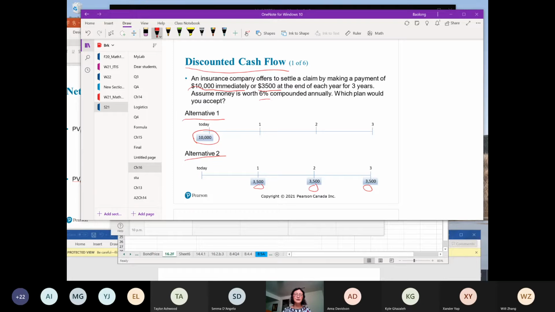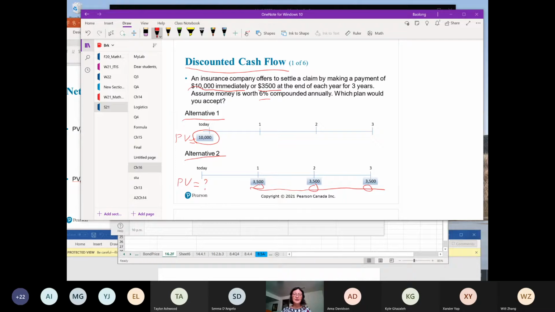Okay, the question is which one would you prefer? So now we need to, alternative one, this is already a present value. What is the present value for this annuity? This three number forms an annuity.